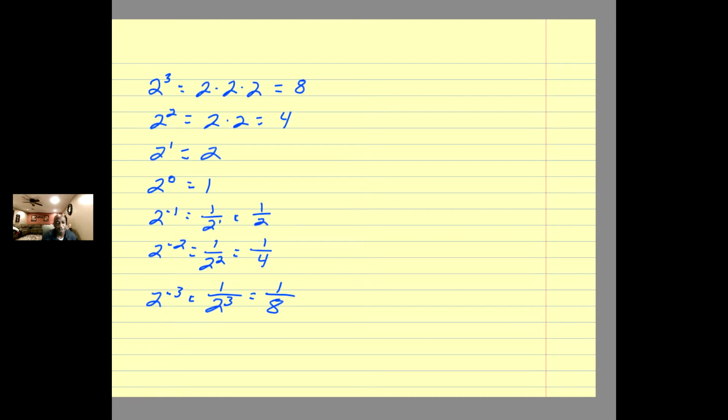So look very carefully. What I want you to see is the difference between 2 to the third power up here and 2 to the negative third power. I want you to see the difference between 2 to the second and 2 to the negative second, and between 2 to the first and 2 to the negative first.